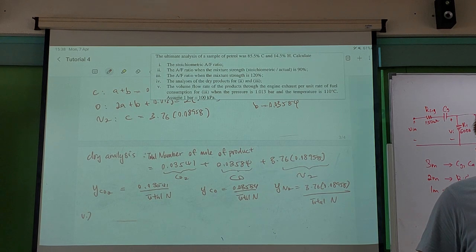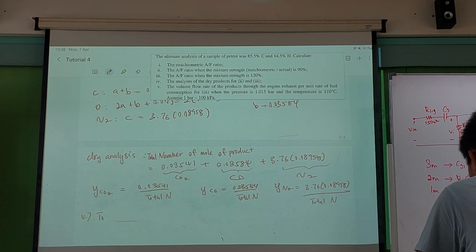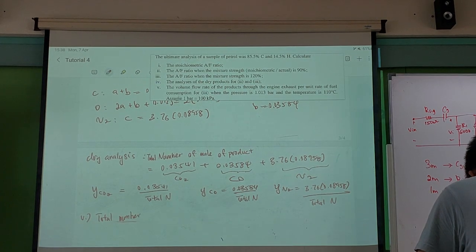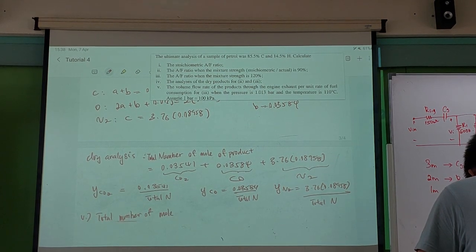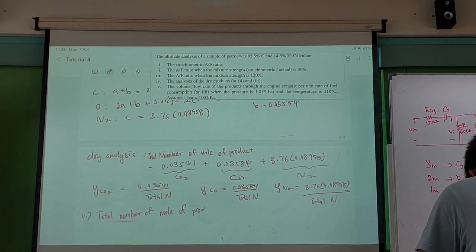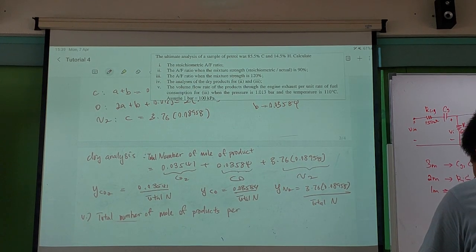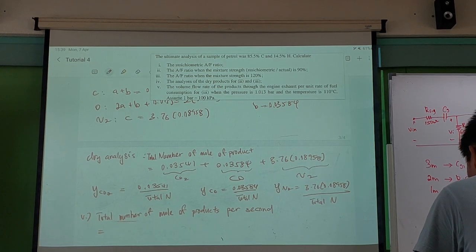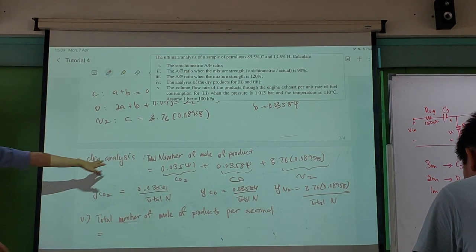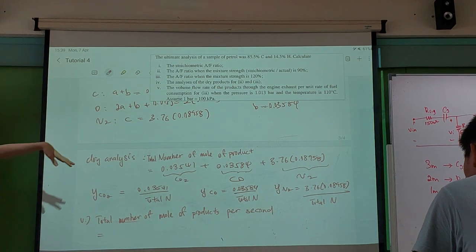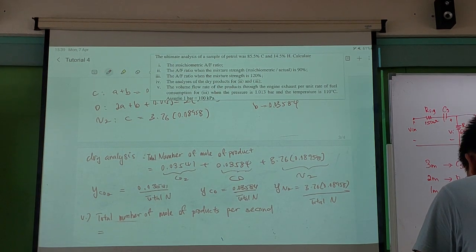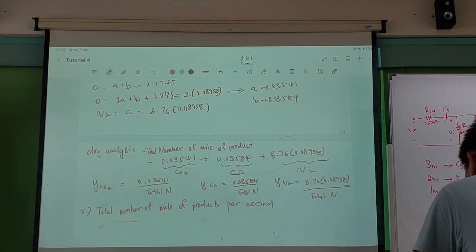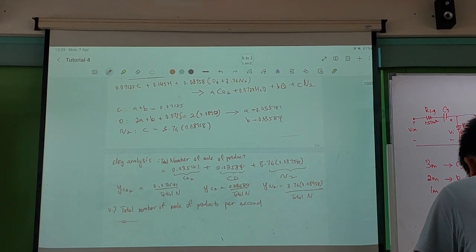First thing you can find here is the total number of moles of product. You can say per second also, because we need to find the flow rate. Here you need to remember one thing: when you are looking at this product, we are talking about dry analysis. So the total number of moles did not include water. Now you need to include the water term for the total.